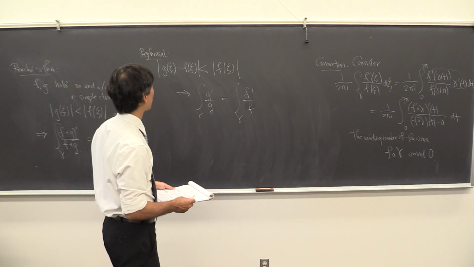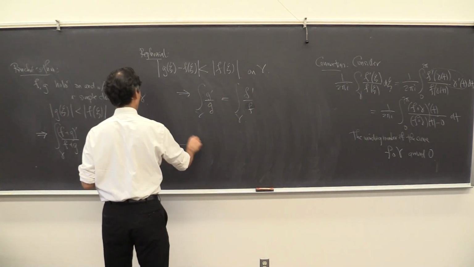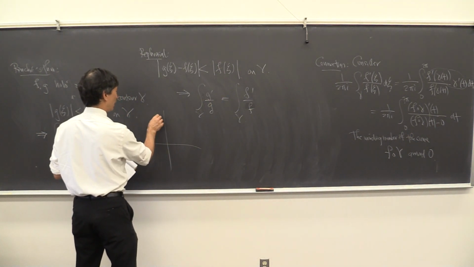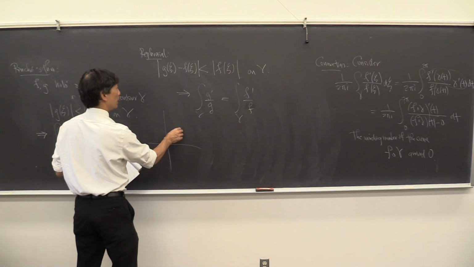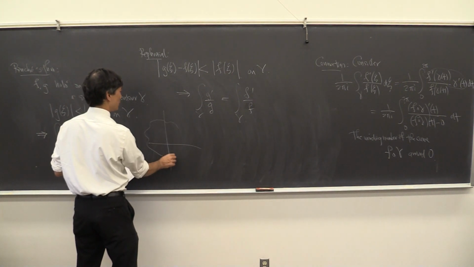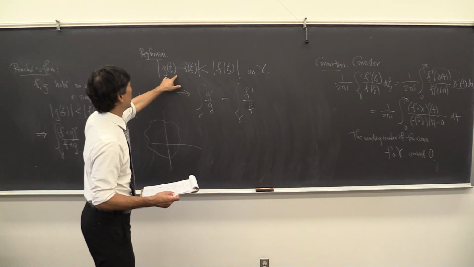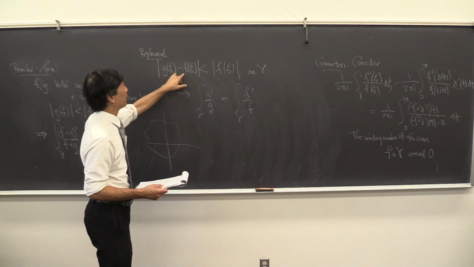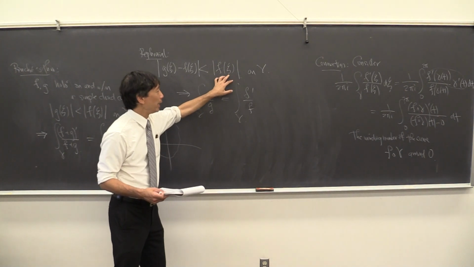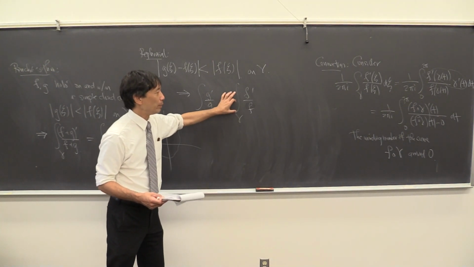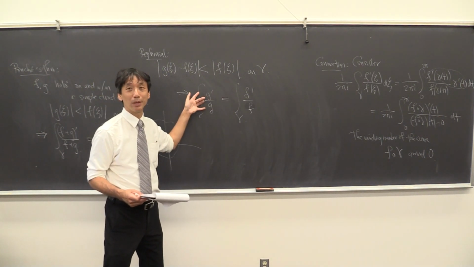If you have one function on some curve that always attains values such that the distance of the second guy is always smaller than this guy, then the images are going to wind about the origin the same number of times.